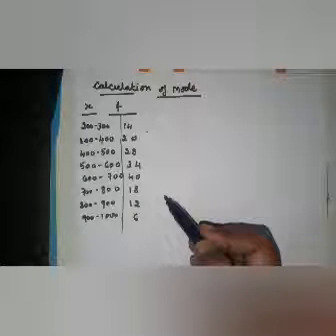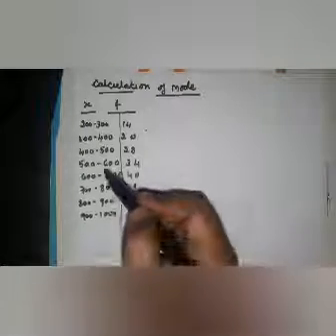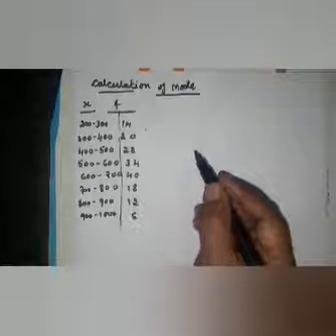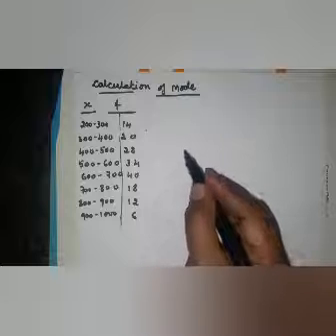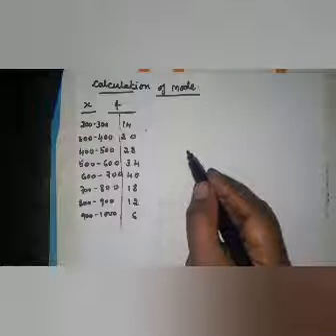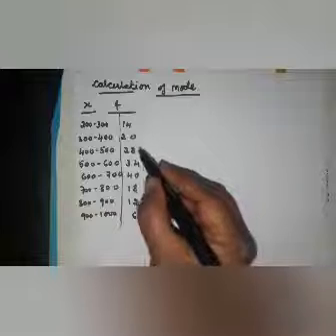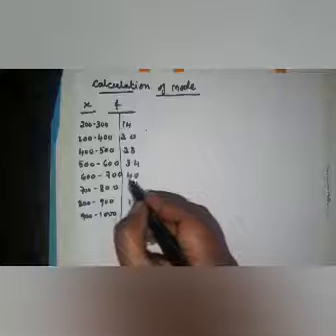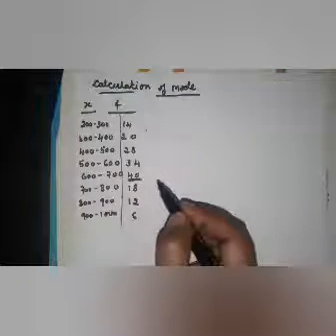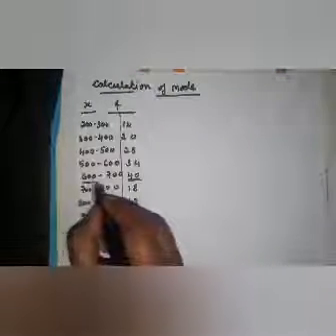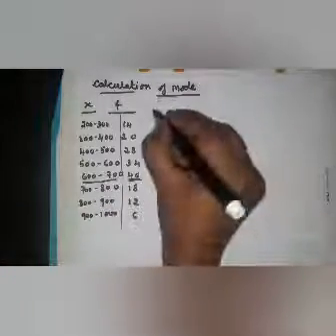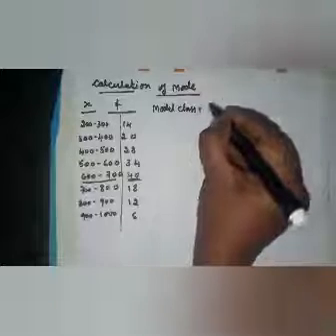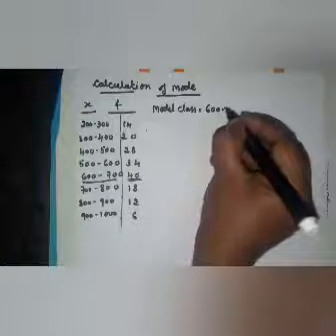So when we are calculating the mode for the continuous series, primarily we have to find the modal class first, then we have to calculate the mode. When we find the modal class, in this observation 40 is the highest frequency and its corresponding x value is the modal class. Modal class is equal to 600 to 700.